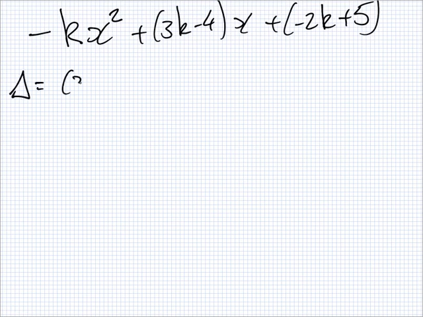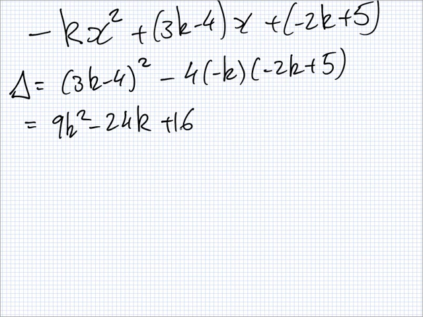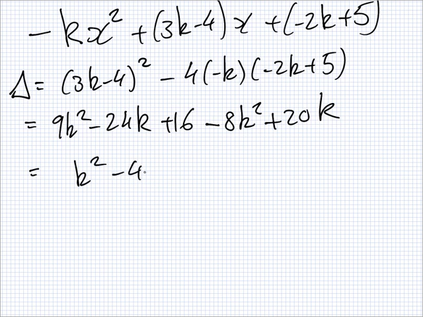Discriminant equals b squared minus 4ac. 9k squared minus 24k plus 16 minus 8k squared plus 20k when we expand. So that would be k squared minus 4k plus 16. Right? Which is k minus 2 squared.